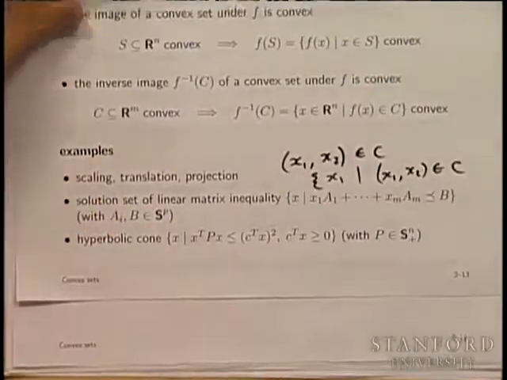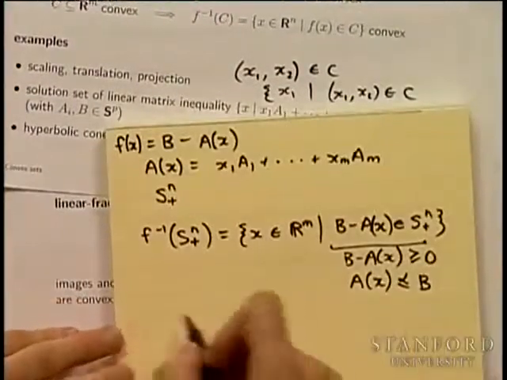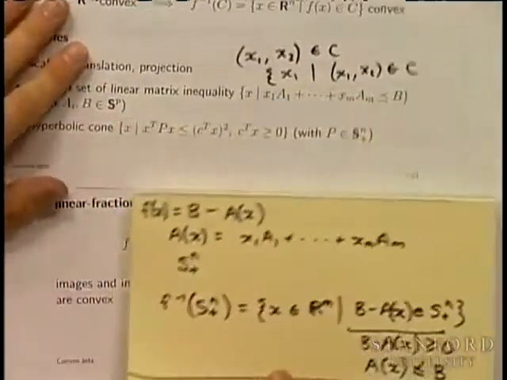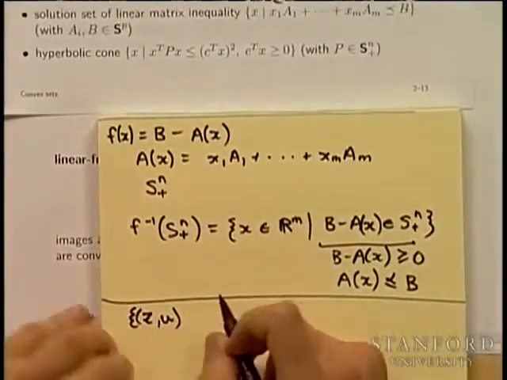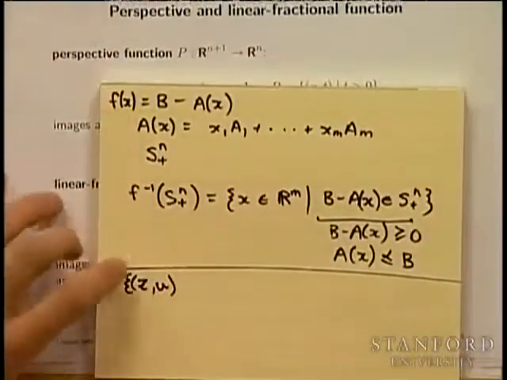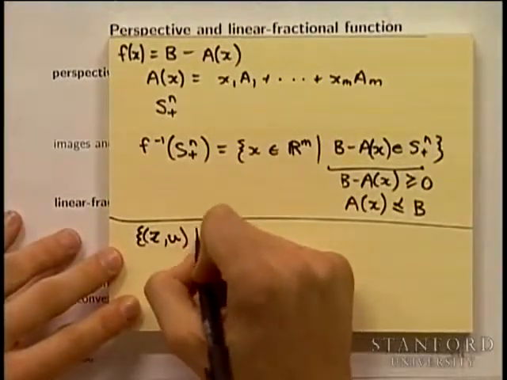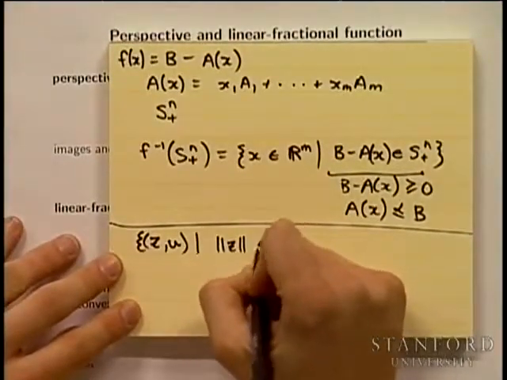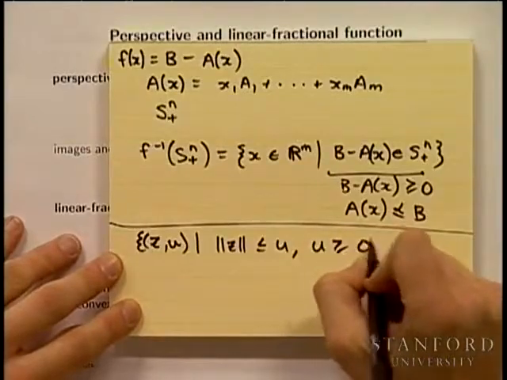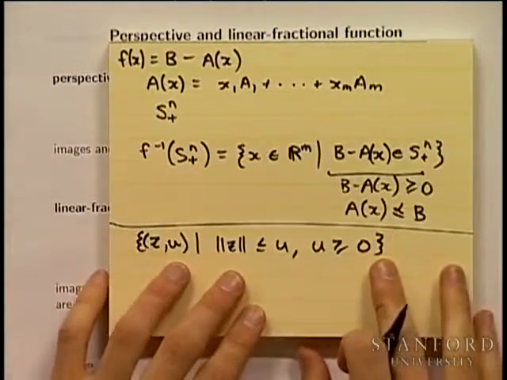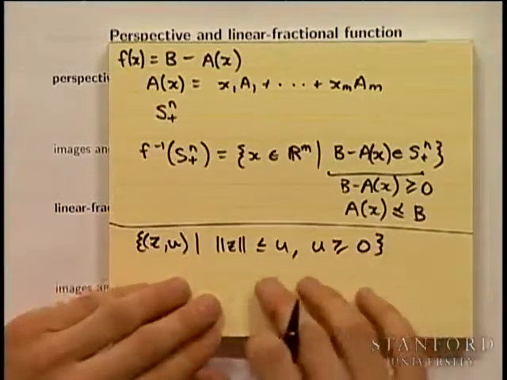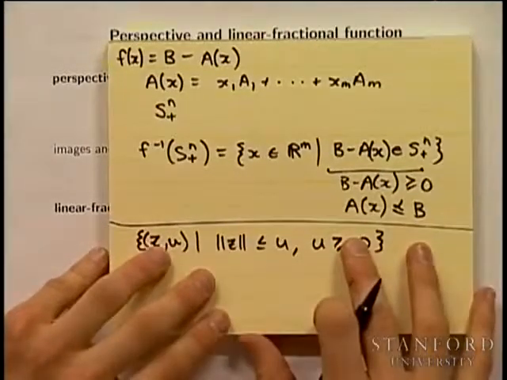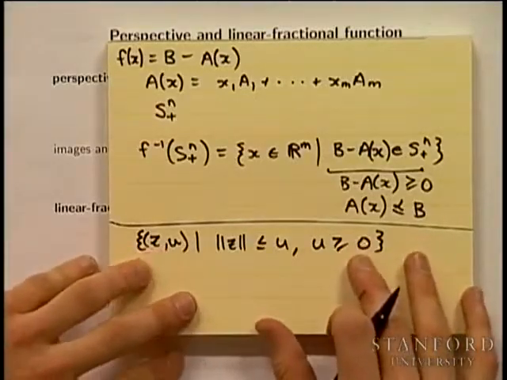Another one here is the hyperbolic cone, and you can get this one in a similar way. So we already saw that the set of (z, u), which is a cone, when we restrict it to Z. This is a norm cone, and we showed that this was a convex set, or you showed later that this is a convex set. Okay, so we know this is convex, and we want to get to something more interesting.